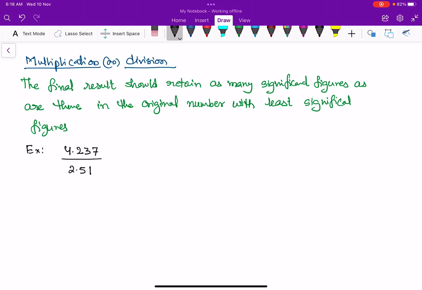How many digits are there in the numerator? 4. How many in the denominator? 3. So what is the least one?